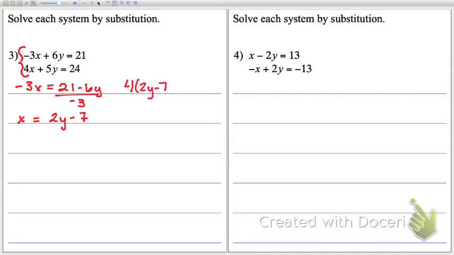I'm going to tell you the one big mistake you guys are going to make is not distributing correctly.